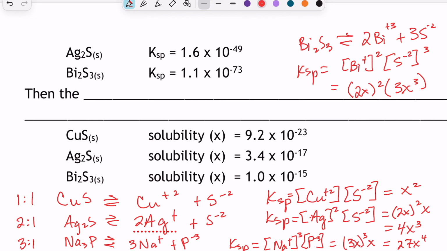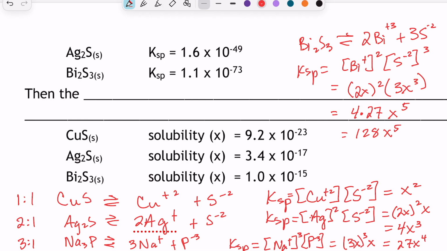So we get, oh my gosh, why can't I do this math in my head? We get 4 times 27x to the 5th, which is equal to 108, I think, x to the 5th.